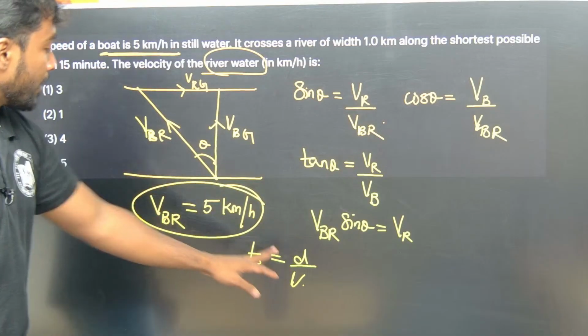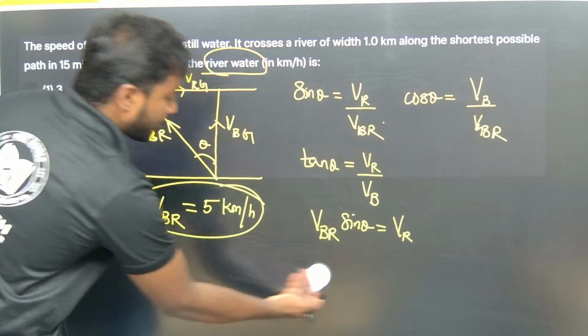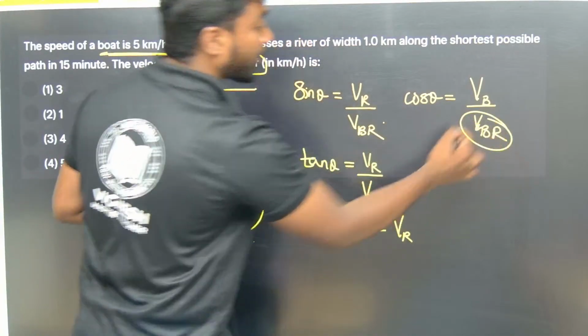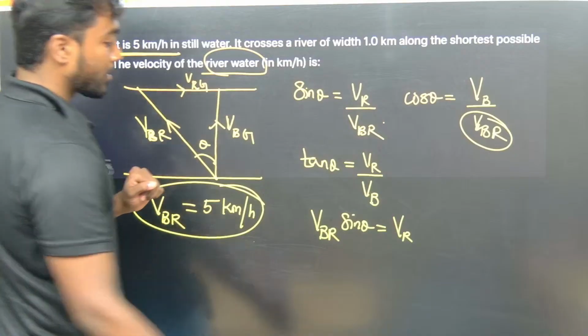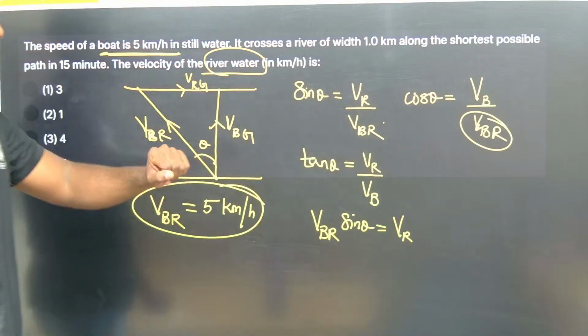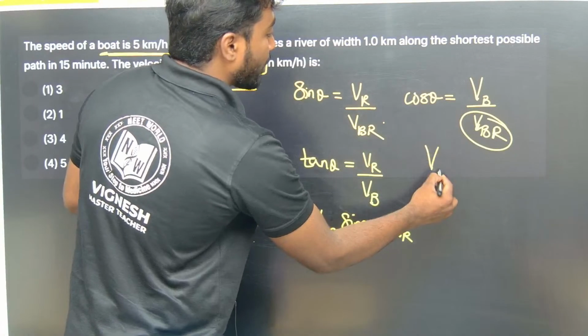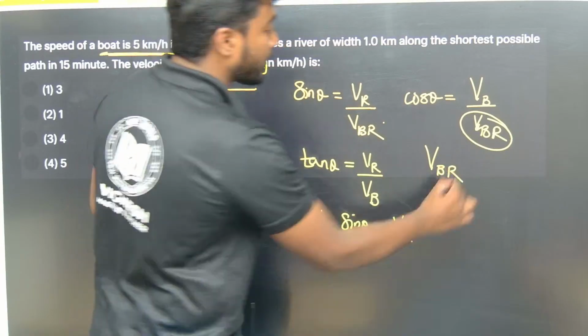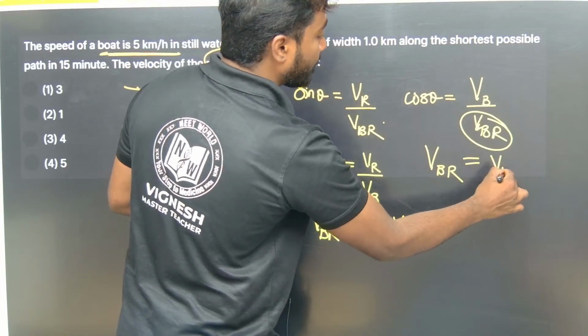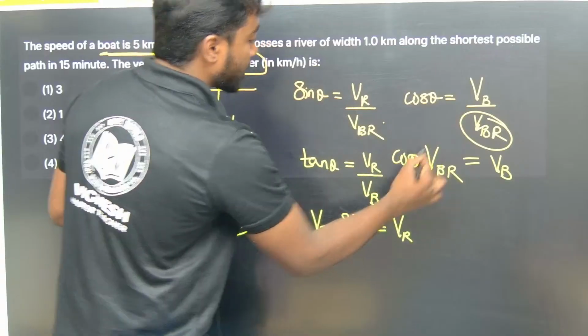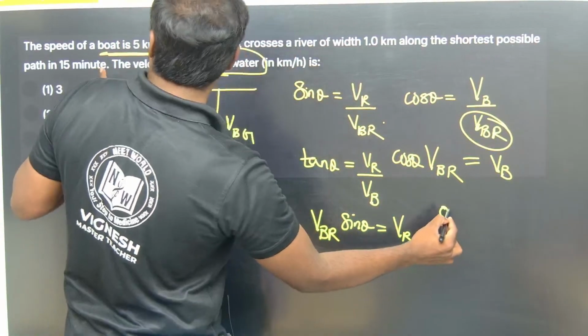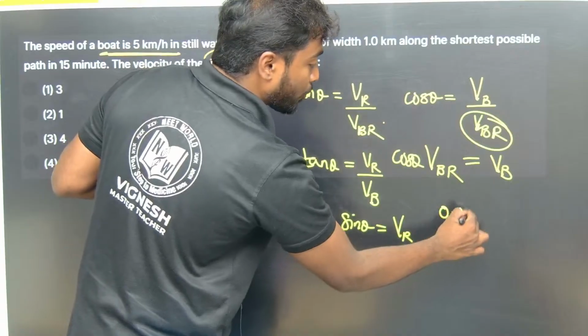So the velocity of the boat can be found easily: velocity of the boat is equal to velocity of the boat with respect to river into cos theta. The time is 15 minutes, which is nothing but 0.25 hours.